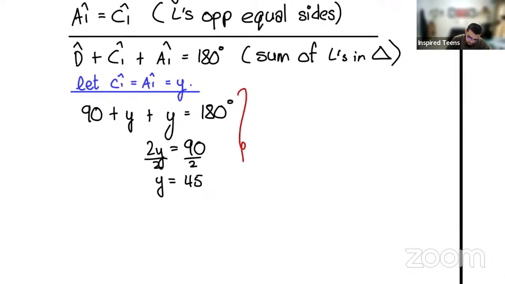Cheers. Okay, you can simply say that A1 is going to be equal to 180 degrees minus angle D, which is 90, divided by 2.